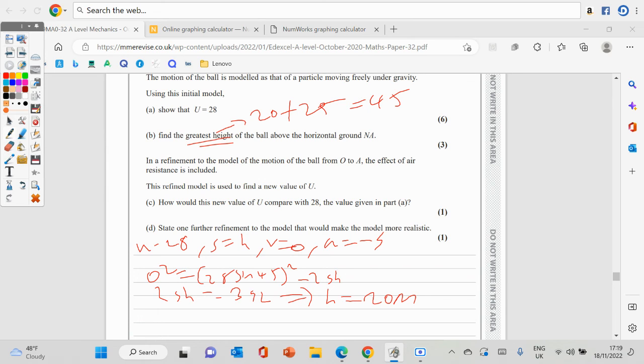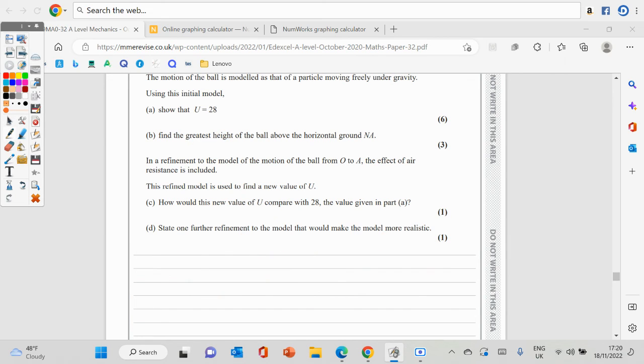So, in a refinement to the model of the motion of the ball from O to A, the effect of air resistance is included. This refinement model is used to find a new value of u. How would this new value of u compare with 28? So, it's a bigger speed that is needed for the same distance. In fact, let's write this down. It's the last bit I need to do. So, a bigger speed is needed for the same distance.